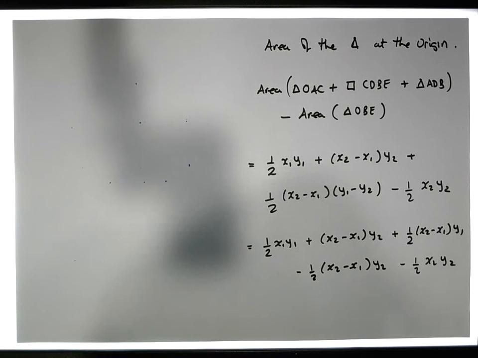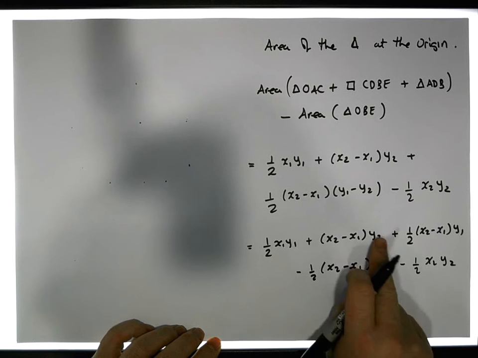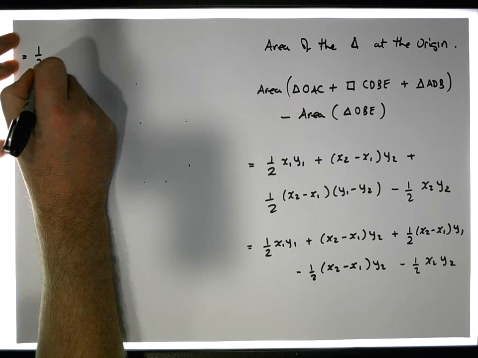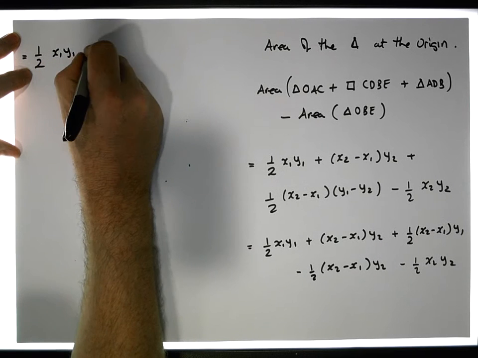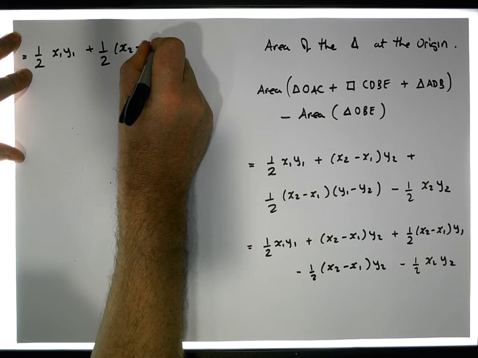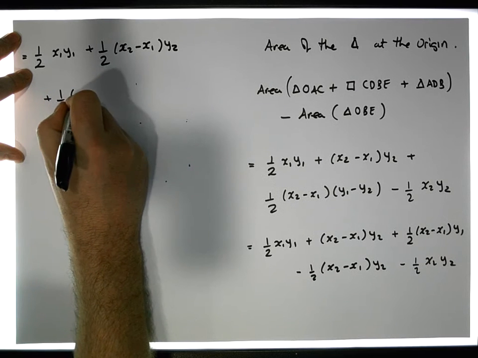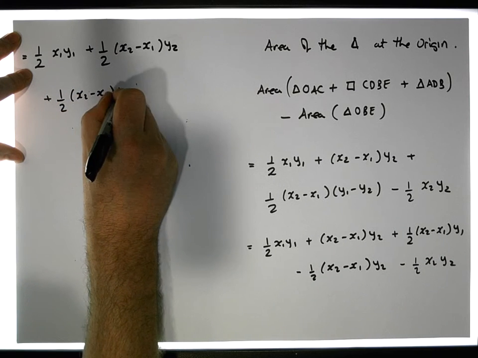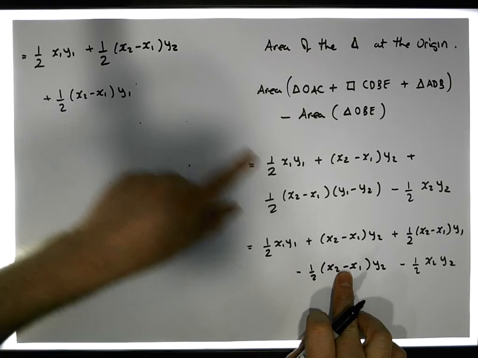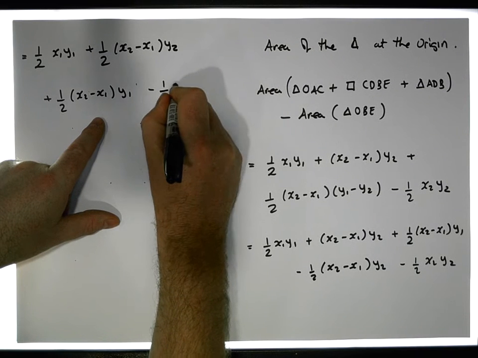Minus this half here, the half of x2 y2. So what we end up with is a half of these and a whole of these, so when I take this away from this, I end up with a half of that. So this now becomes a half of x1 y1 plus a half of x2 minus x1 y2, plus a half of x2 minus x1 y1. I added these two things together to give me this, and then I'm adding this. Then I need to take away a half of x2 y2.